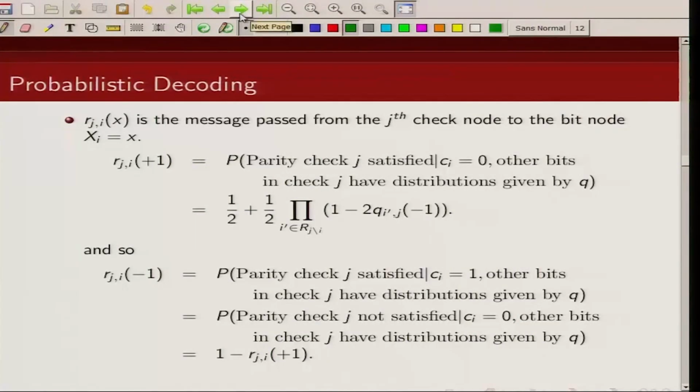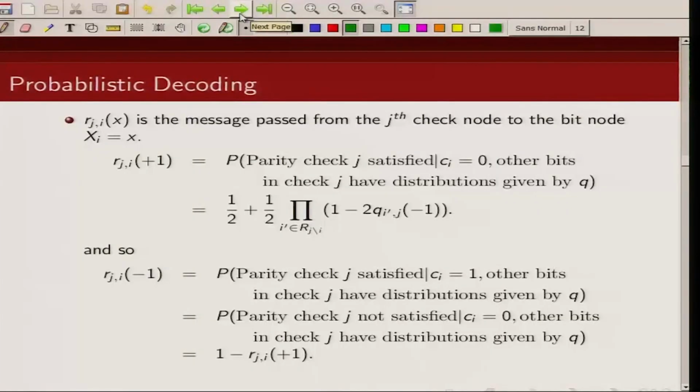So, as we have said before, we are representing this LDPC code using this Tanner graph, and there are two types of information which are getting propagated. One is one set of messages from the message nodes going to the parity check nodes, and there is one set of messages from the parity check nodes coming back to the message nodes. So, we are denoting by RJI the message which is passed from the jth parity check node to the ith bit.